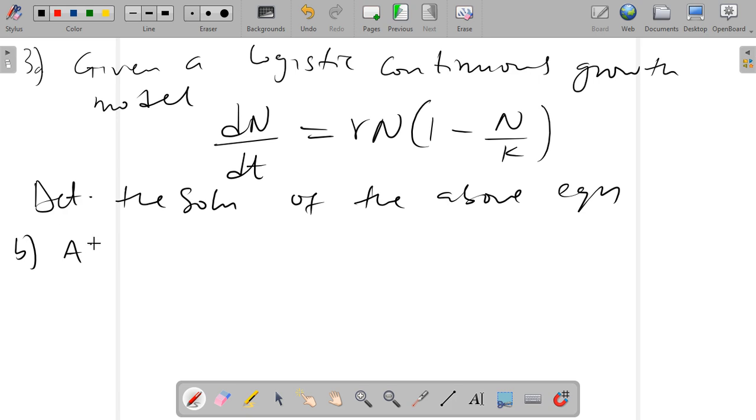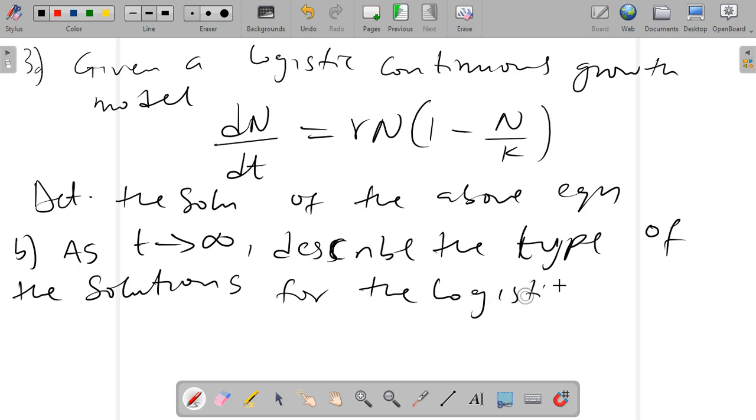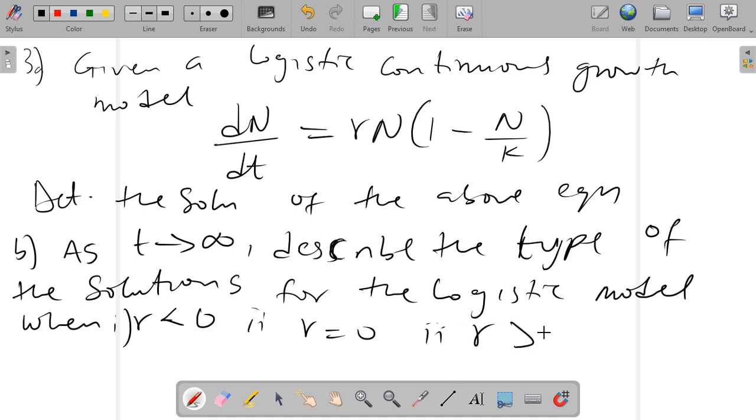They said that as t approaches infinity, we should describe the type of the solution, I mean the type of the solutions for the logistic model, when r is less than 0, when r is equal to 0, and when r is greater than 0.